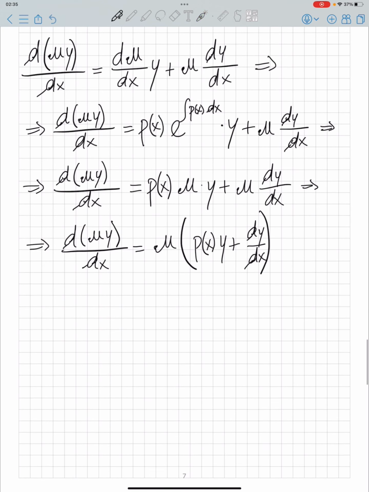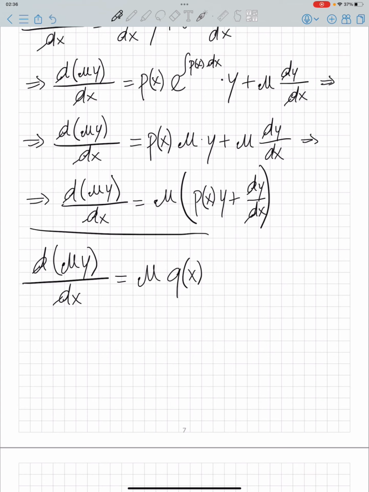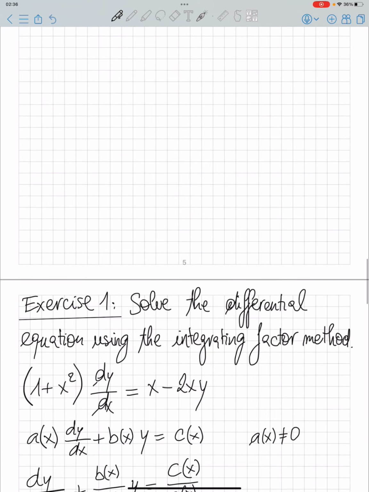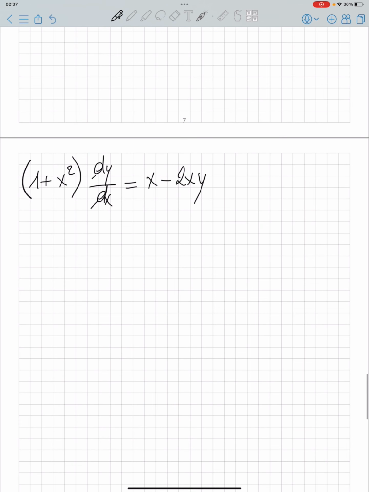So we have d mu y dx is equal to mu times q of x. Let's write it like that. So basically this is the formula that we're gonna use in order to solve this differential equation using this integrating factor method, right? So we have this differential equation.